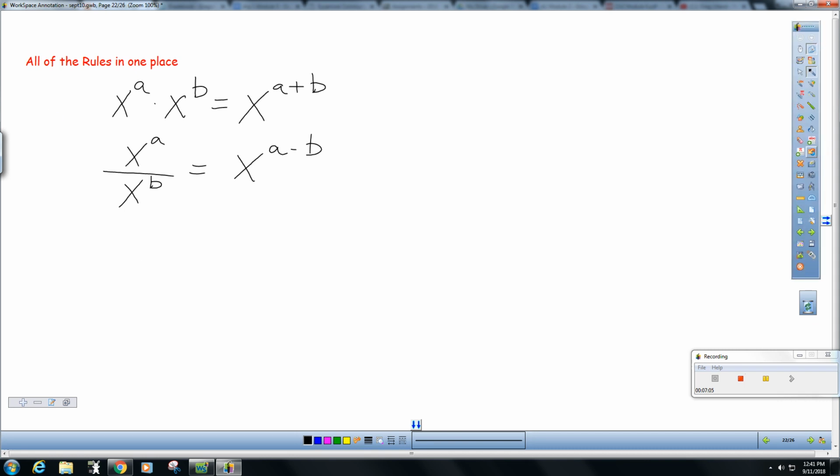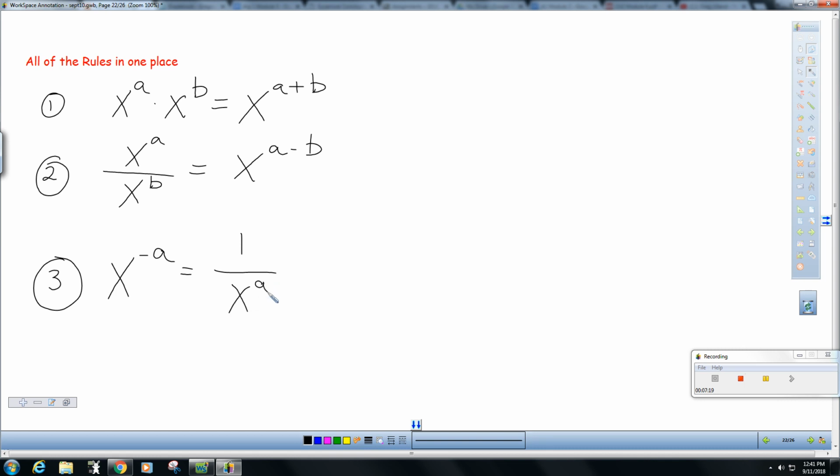Rule 3: x to the negative a is equal to 1 over x to the a.